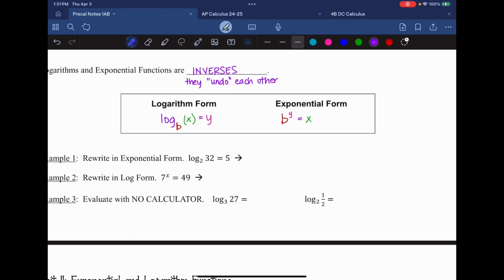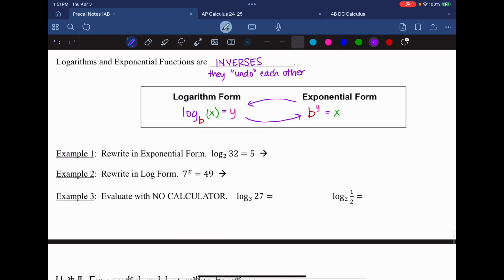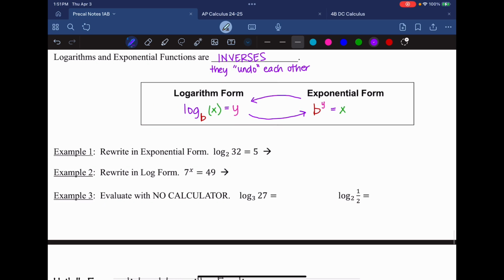So you need to be very comfortable switching between log form, going from log to exponential, and going from exponential back to log. I have a couple of examples that I'm going to show you for what you're going to do in your practice today.